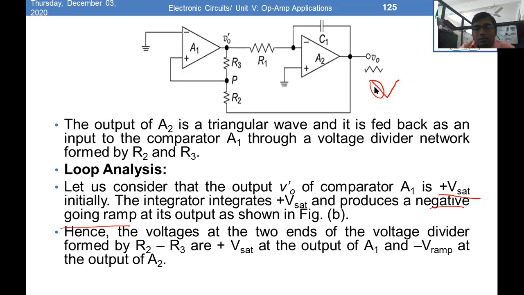Hence the voltages at the two ends of the voltage divider network formed by the R2 and R3 resistors are plus V set at the output of A1 and minus V ramp at the output of A2. So one end is plus V set, another end is minus V ramp, of this loop formed by the voltage divider network of R2 and R3 as well as the output of A2.